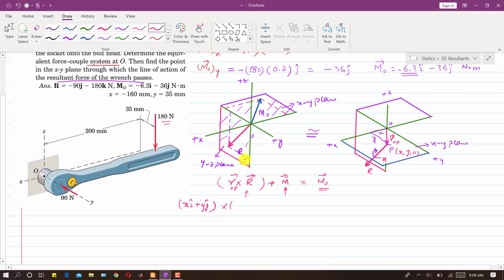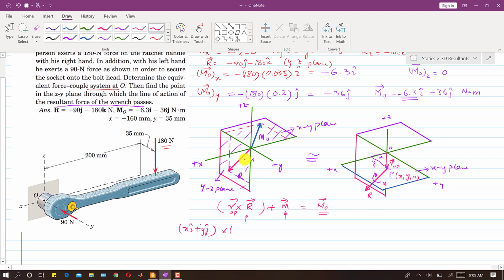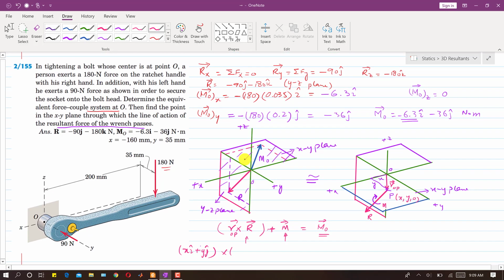The resultant vector is minus 90j minus 180k, plus the couple moment, right?